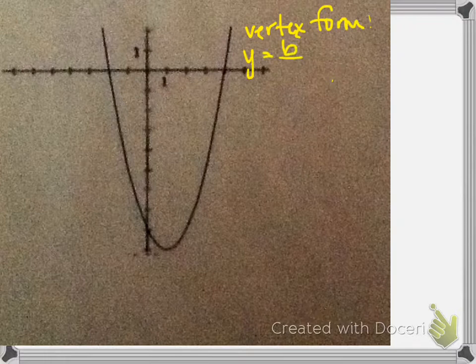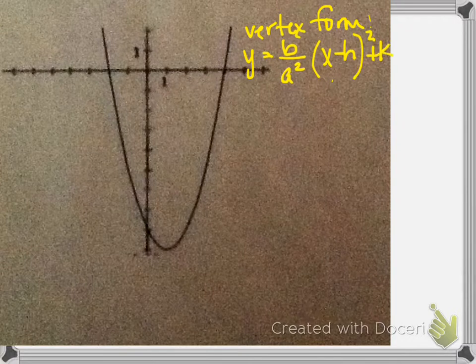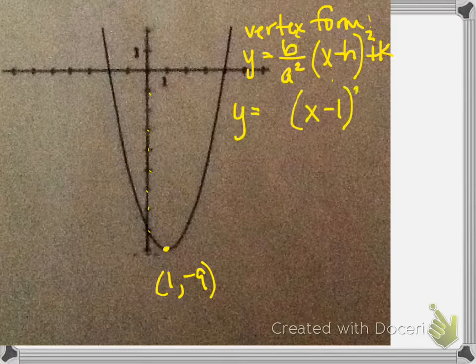So vertex form, y equals b over a squared times x minus h squared plus k. Vertex is down here, so it's at a positive 1. And 1, 2, 3, 4, 5, 6, 7, 8, 9, negative 9. So that's h and k, so y equals x minus 1 squared minus 9.